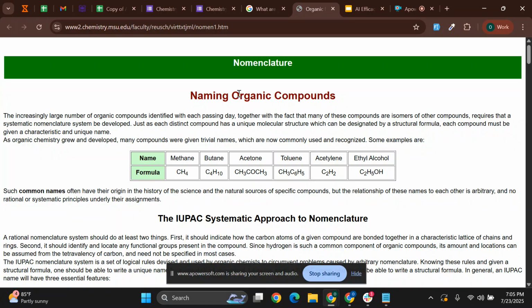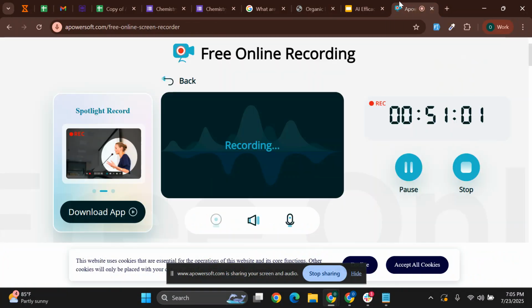Just as each distinct compound has a unique molecular structure which can be designated by a structural formula, each compound must be given a unique name. As organic chemistry grew and developed, many compounds were given trivial names which are commonly used and recognized.